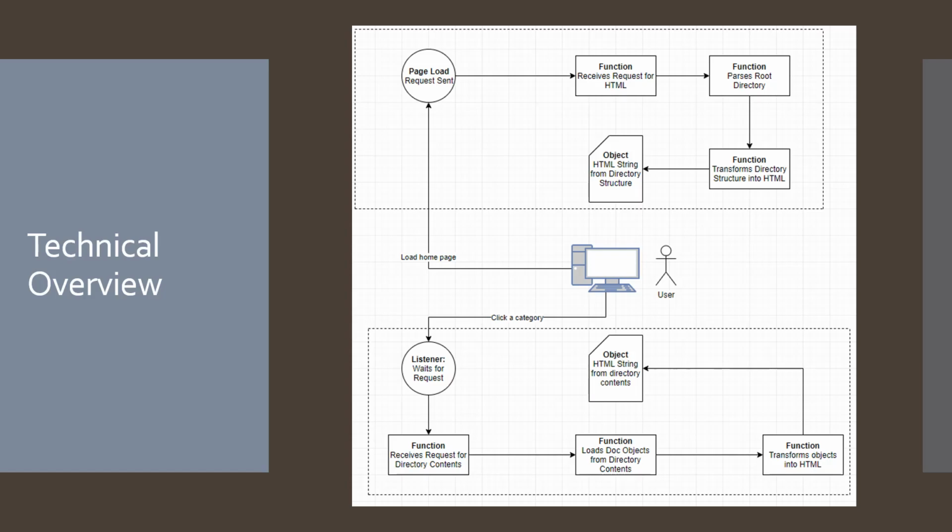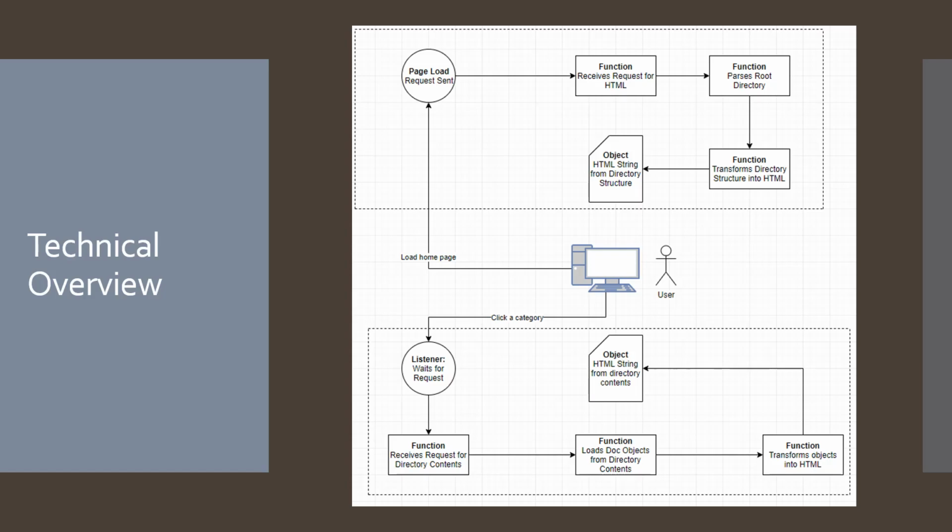If you ever wanted to extend this to use some kind of directory structure for something else, you could, because there's already a function that will give you that directory structure data, but there's also a function that turns that data into HTML, and this first function is what says, hey, I want that data in HTML form.